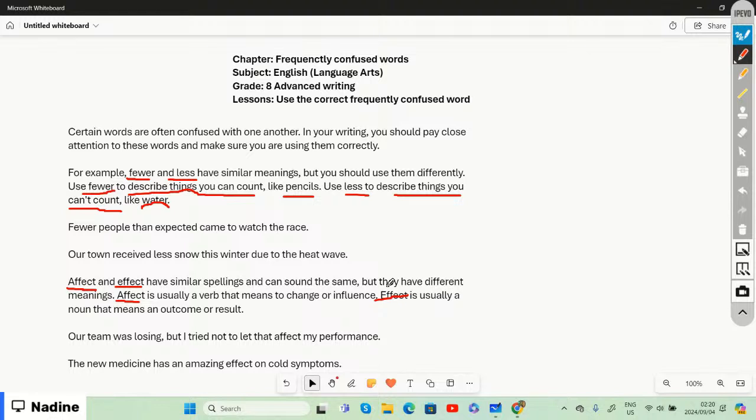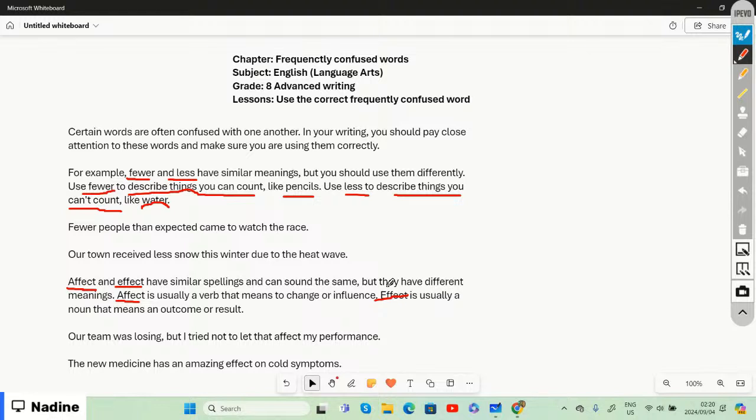And we made an example of fewer and less. And we see that fewer and less have similar meanings.